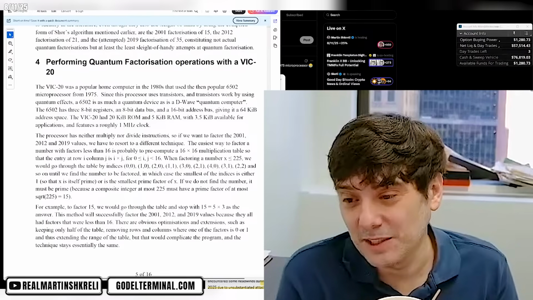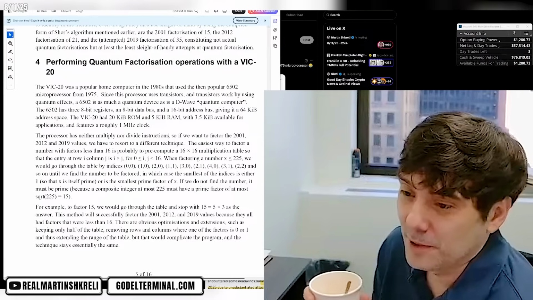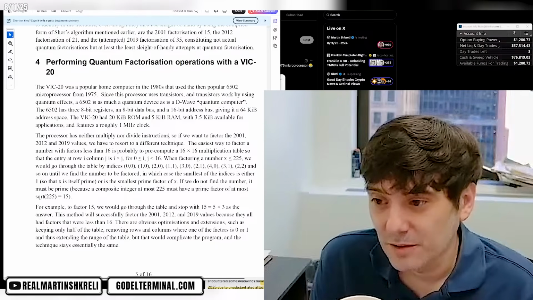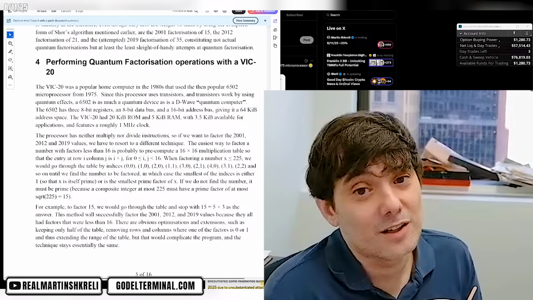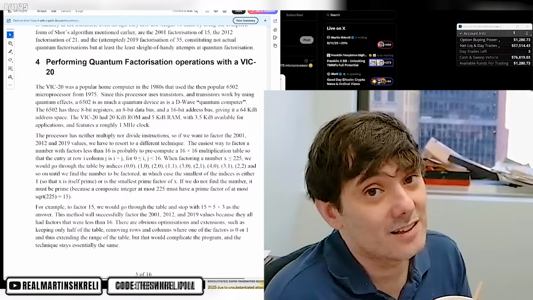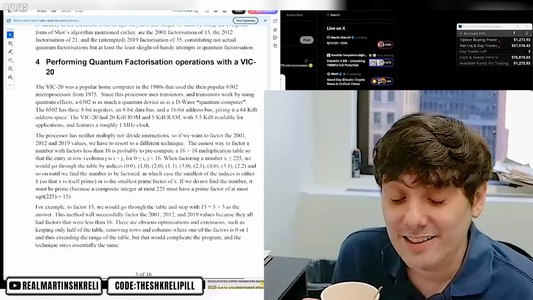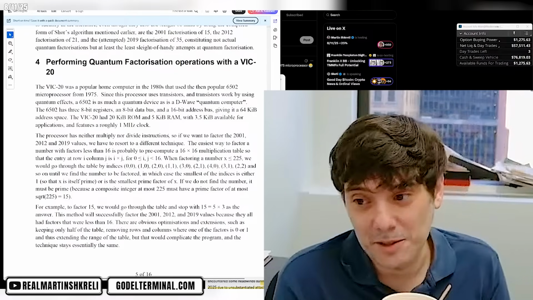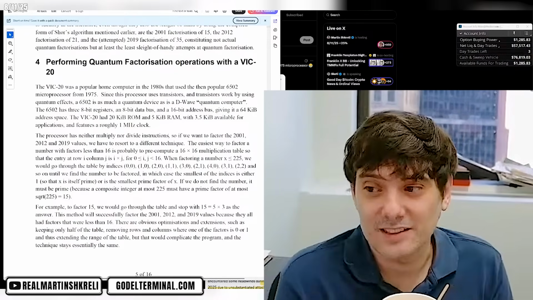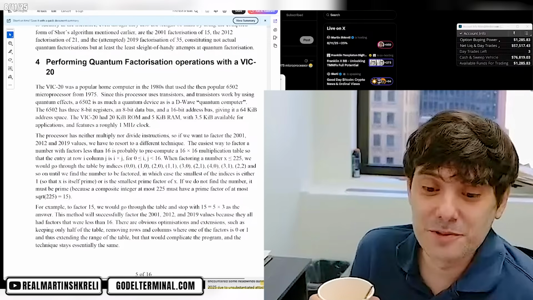The VIC-20 had a 20 kilobit ROM and a 5 kilobit RAM with 3.5 kilobits available for applications. And this is important here, a 1 megahertz clock. A 1 megahertz clock is actually faster than most quantum computers, if not all of them. So that's 1975, right? That's literally 50 years ago.